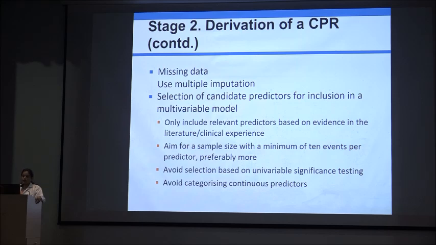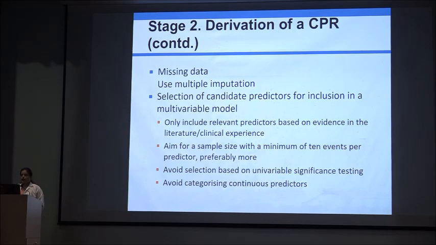And it's important that there's one rule of thumb which can be used with regard to clinical prediction models, that you can aim for a sample size of a minimum of 10 events per predictor, preferably more. So what this means is that if your outcome is mortality, and your number of predictors is say 5 or 7, then your sample size would be a minimum of 10 events, so 10 deaths per predictor, to obtain an overall sample size.